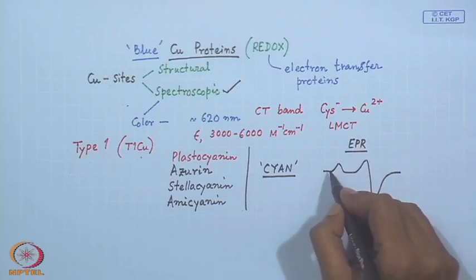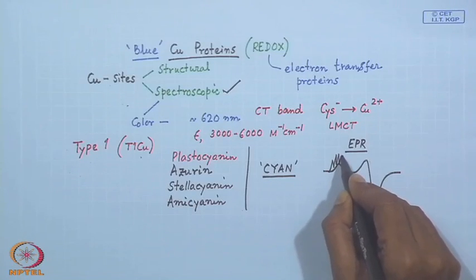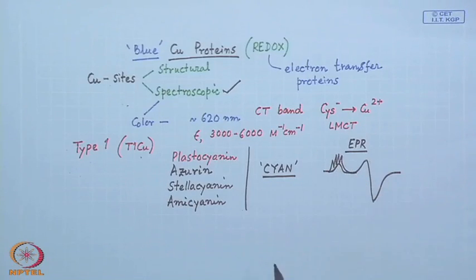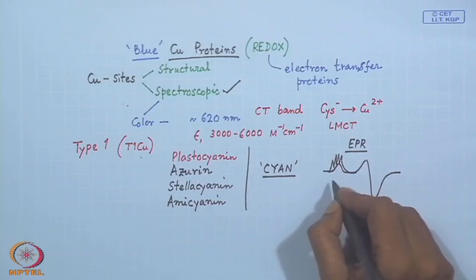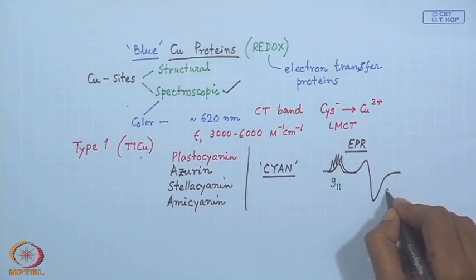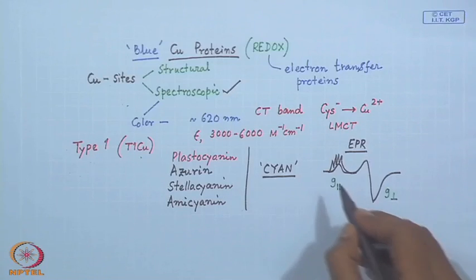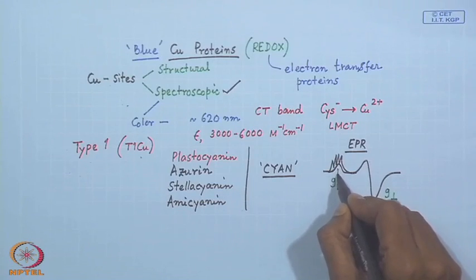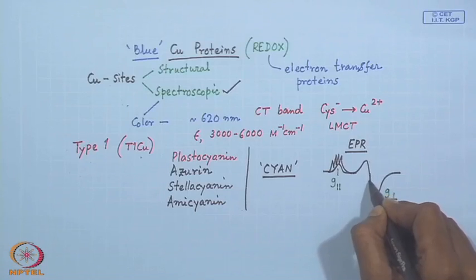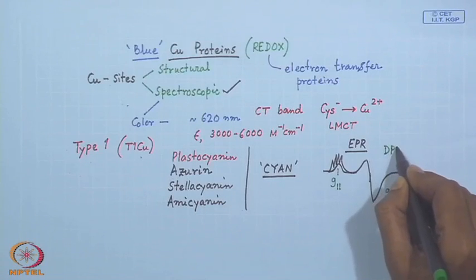So, 3 lines can be there, or it can be split into 4 lines. This is a very well known picture for all the EPR spectra for copper. This is the g parallel region and this is the g perpendicular region, and we just report this value and this value with a reference of DPPH.